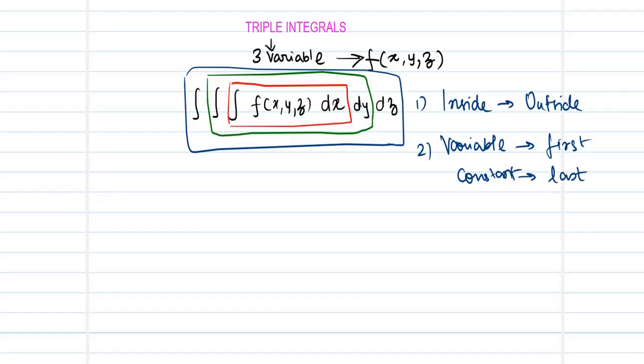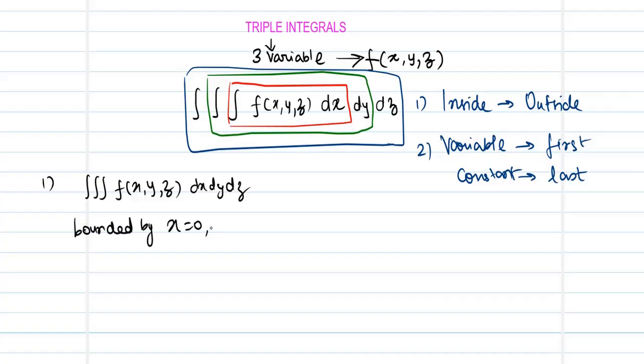Now say suppose we have a problem where we have to evaluate the triple integral of f(x, y, z) with respect to dx, dy, dz, and it is bounded by x equal to 0, x equal to a, y equal to 0, y equal to b, z equal to 0, z equal to c. Now we notice that all the limits present over here are constant in nature.